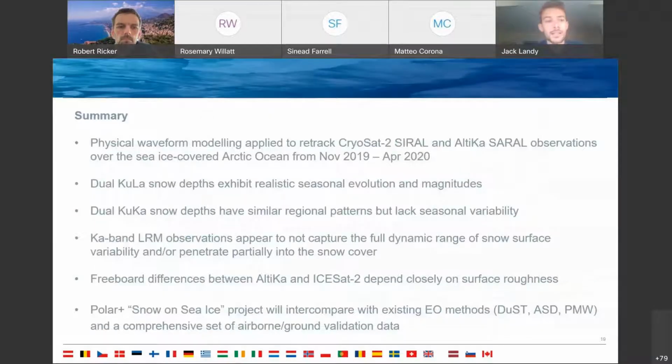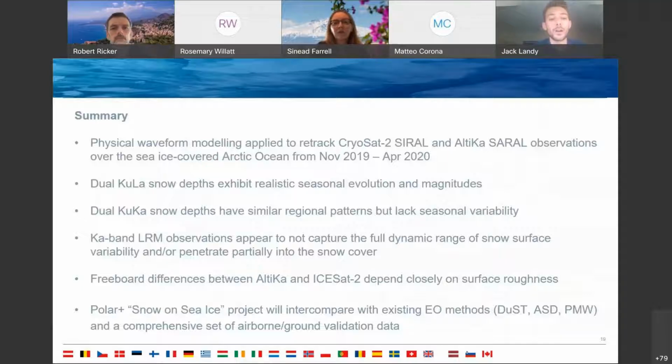So just to summarize, we've applied this physical waveform modeling approach to CryoSat-2 and to Antarctica over the November 2019 to April 2020 winter season. Our IceSat-2, CryoSat-2 snow depths exhibit really realistic seasonal evolution and magnitudes, although we haven't yet looked at validation against independent observations.